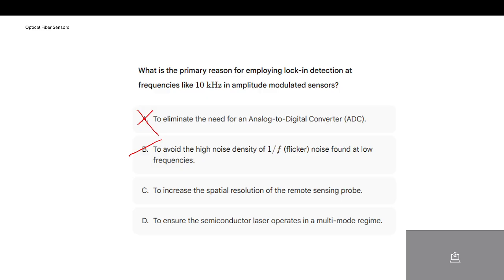That is the primary reason to use lock-in detection at frequencies like 10 kHz in amplitude modulated sensors. Third option is to increase the spatial resolution of the remote sensing probe. That is not correct. To ensure the semiconductor laser operates in a multi-mode region, that is also not correct.